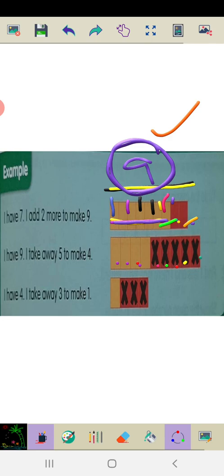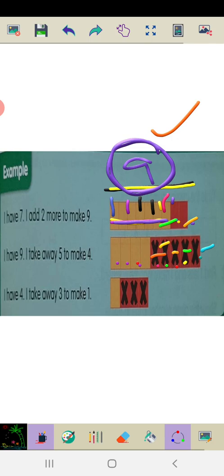You have 9 boxes. In these 9 boxes, how many boxes are being removed? 5 boxes are taken away. This is 1, 2, 3, 4, and 5. 5 are removed from 9.